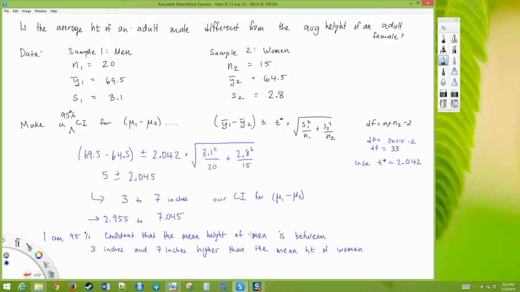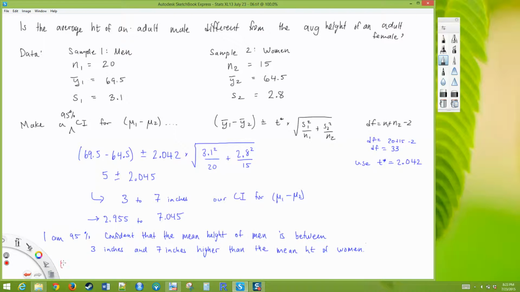Okay. Going back to our original question, is the average height of an adult male different from the average height of an adult female? Our answer is yes. How does this tell us that? Because it's not 0. Our confidence interval says that 0 is not a plausible value. 0 is outside of our confidence interval, so that gives us evidence that they are indeed different.